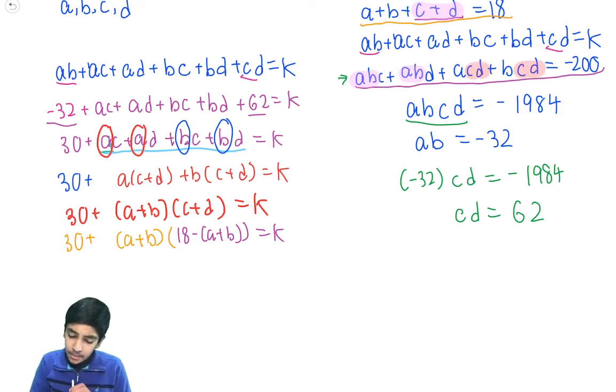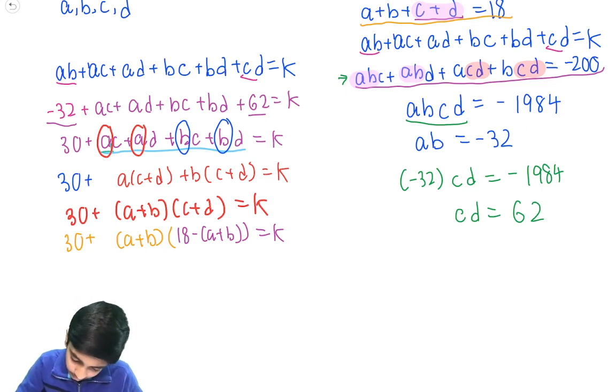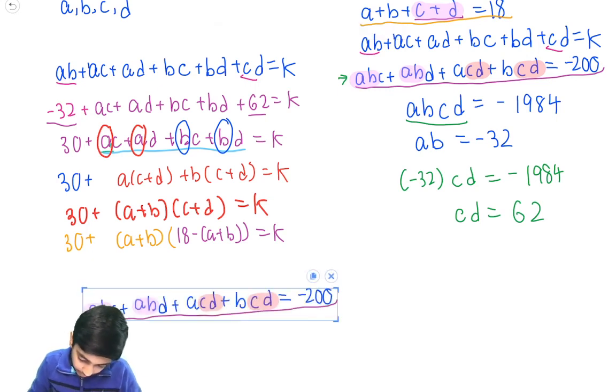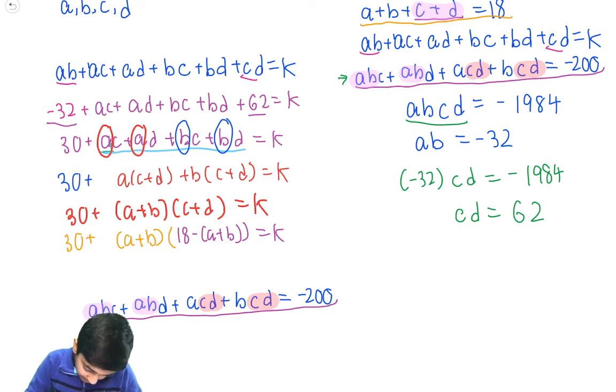So if you have ab common from these expressions and cd common from this expression, we can factor it. So this expression that I have, we can factor it into ab times c plus d plus cd times a plus b.